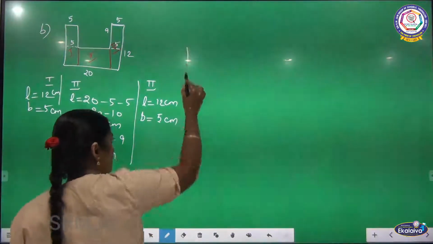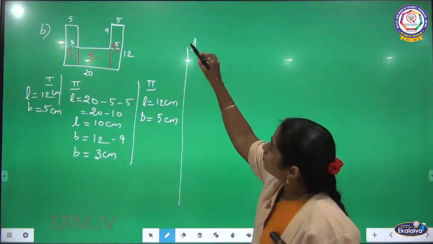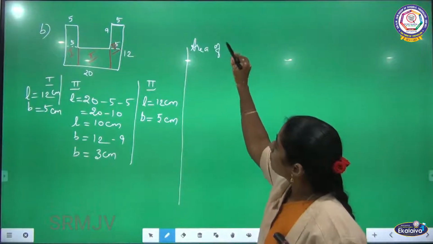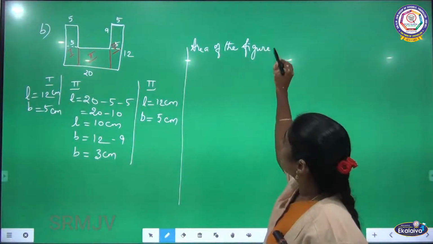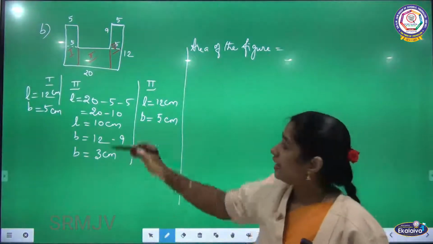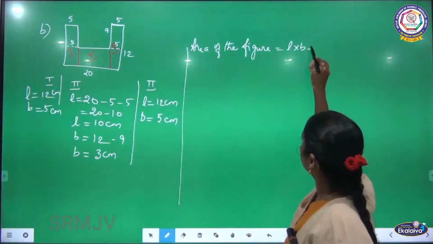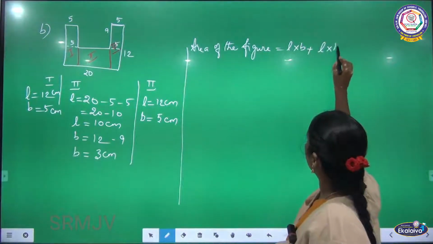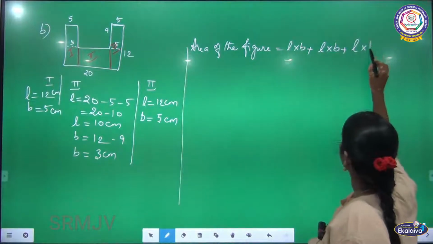Now, I am finding the area for the figure by adding 1, 2 and 3. Listen, children. Listen. Area of the figure is equal to area 1, which is what? Length into breadth, plus area 2, length into breadth, plus area 3, length into breadth.